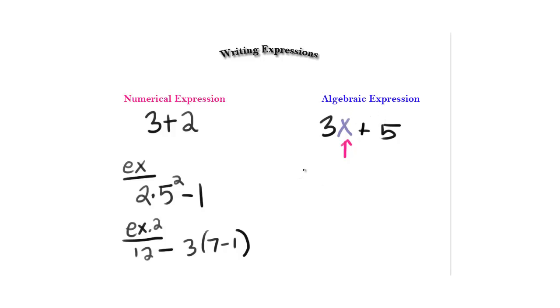Or you can have something like maybe 2y minus 1 squared or something like that. That's another algebraic expression. And why is that? It's because of the variable y. Because that letter makes it an algebraic expression.